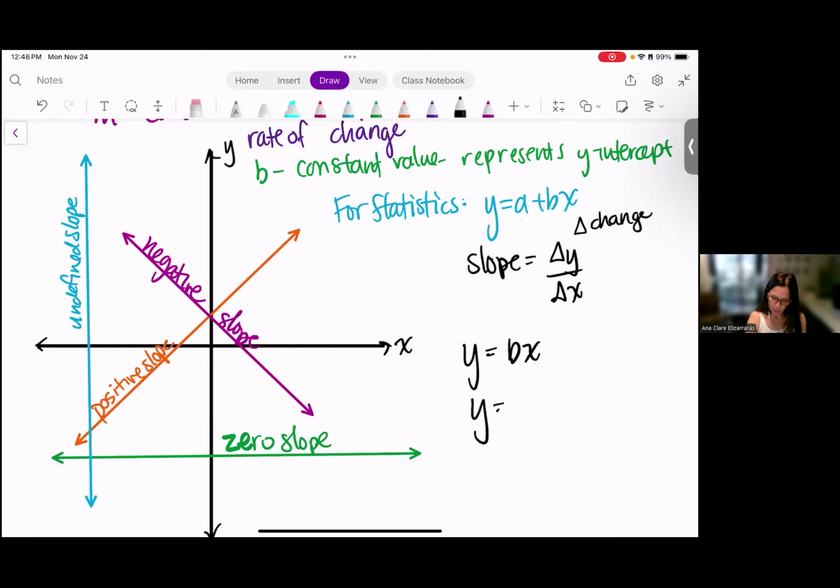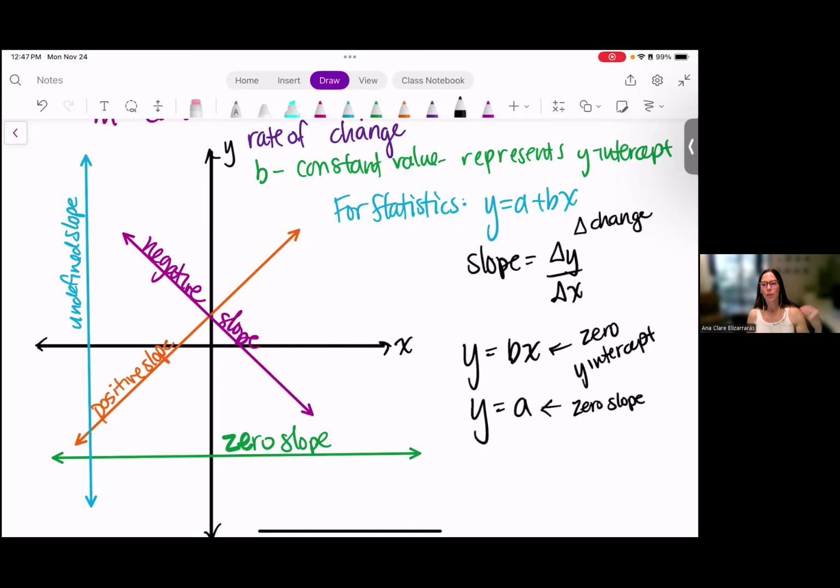Or you could say y equals a, which means there is no slope, and it's a straight line in that situation. Okay, so this has a 0 y-intercept, and then a means that there is no change in slope, it's a zero slope.